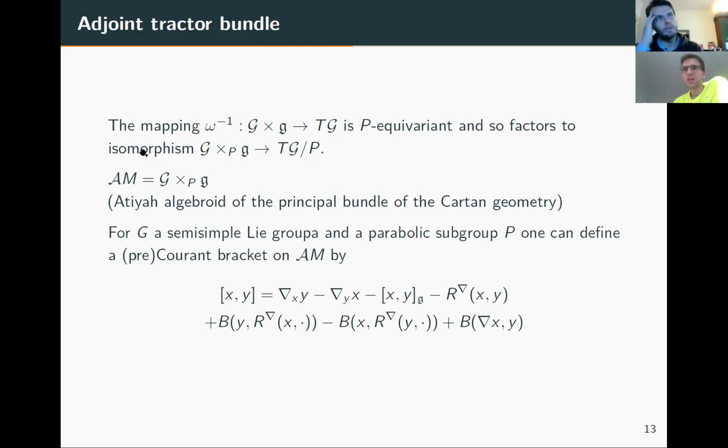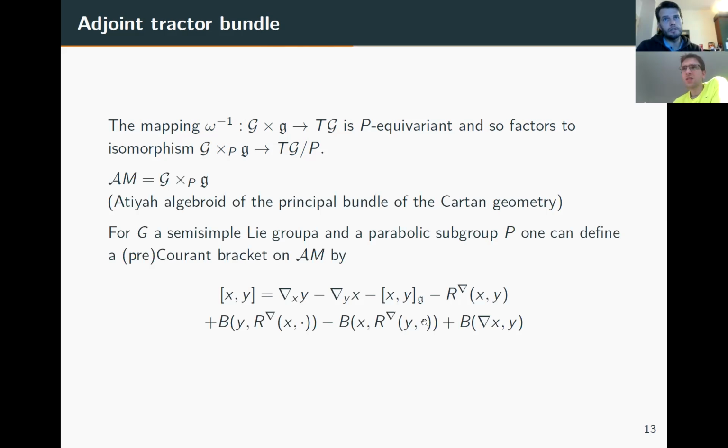Stuart Armstrong observed that if you take this parabolic case where G is semisimple and P a parabolic subgroup, one can define a pre-Courant bracket on this entire algebroid, on this adjoint tractor bundle.